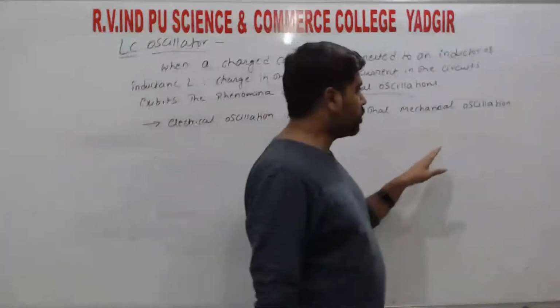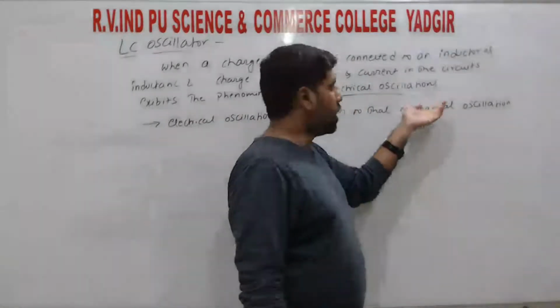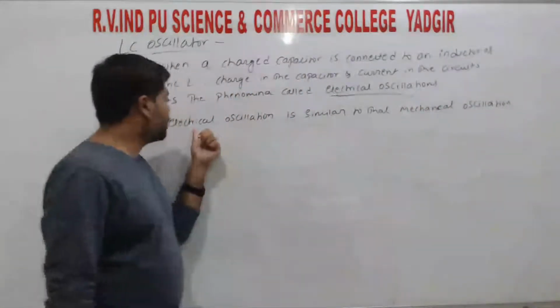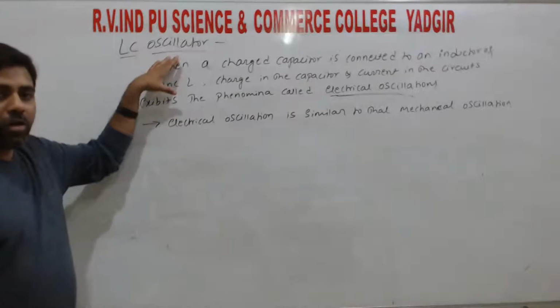That means we observe oscillations in a simple pendulum, and the same oscillations we are observing in the electrical oscillations. So that is the electrical oscillator, right?